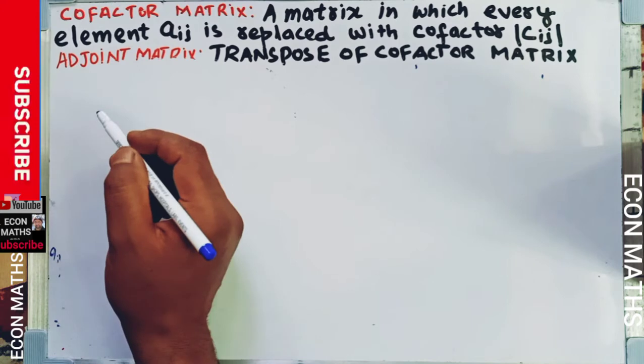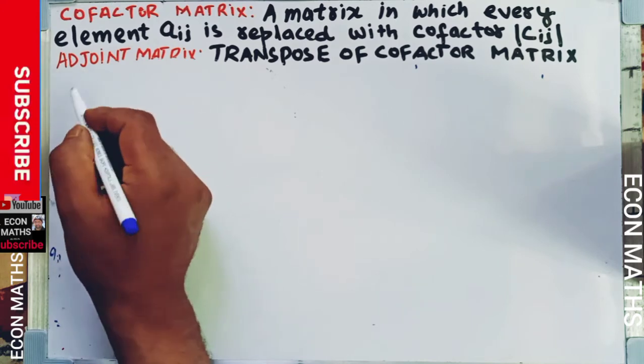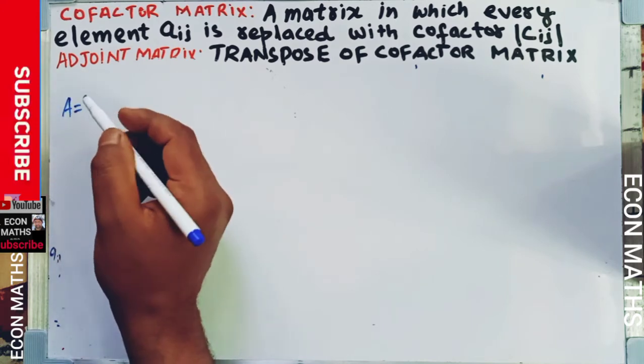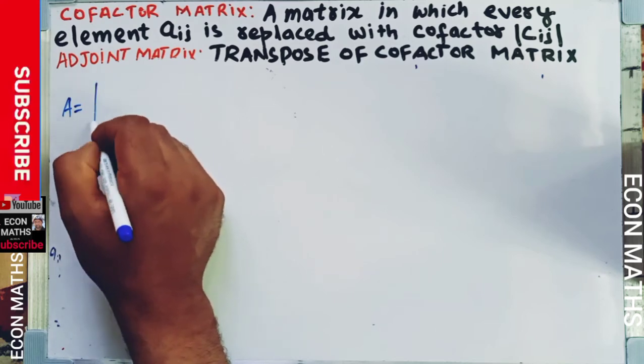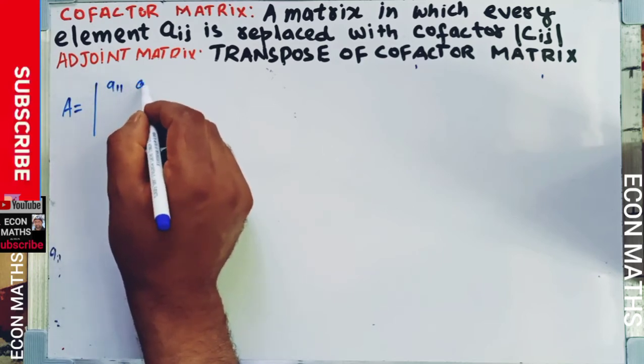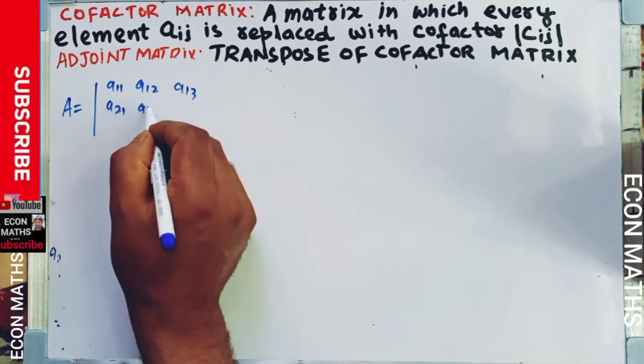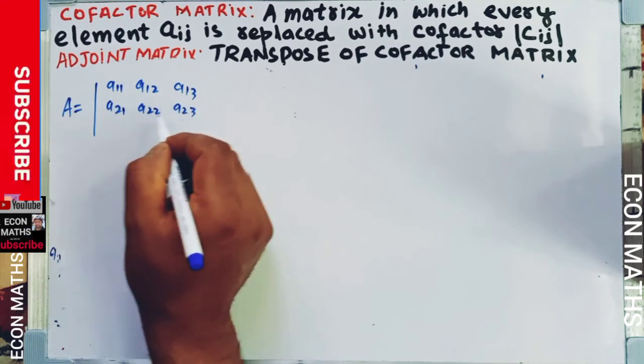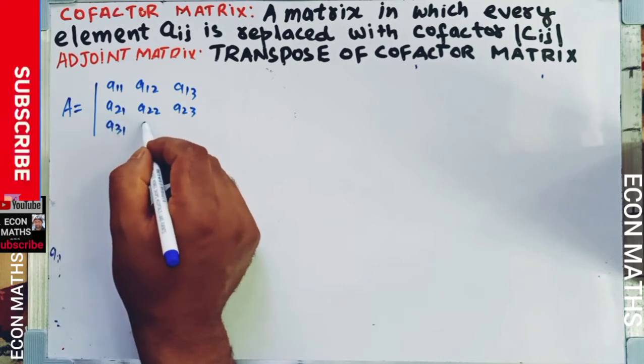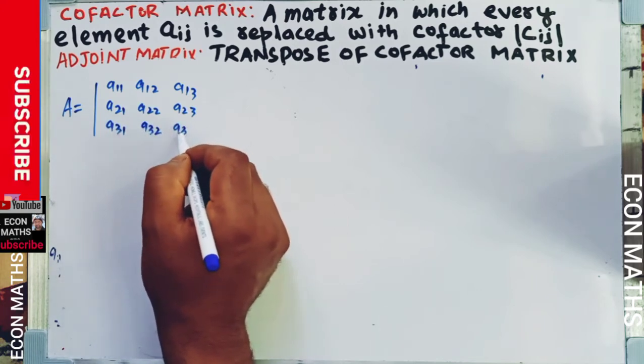So I will write, if A is a general matrix, A11, A12, A13, A21, A22, A23, A31, A32, A33.